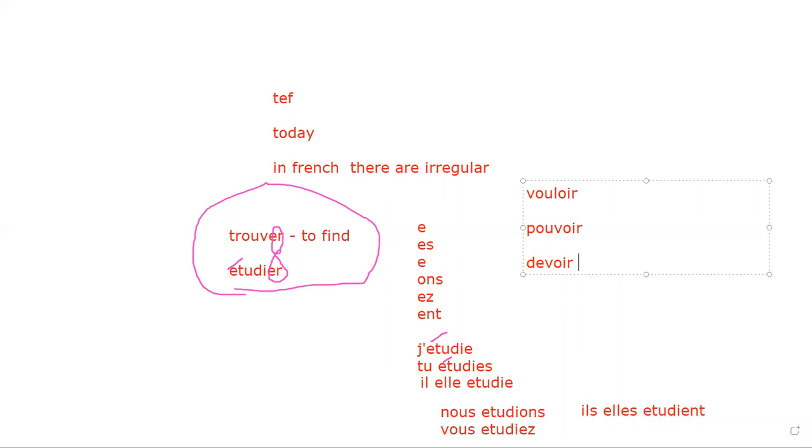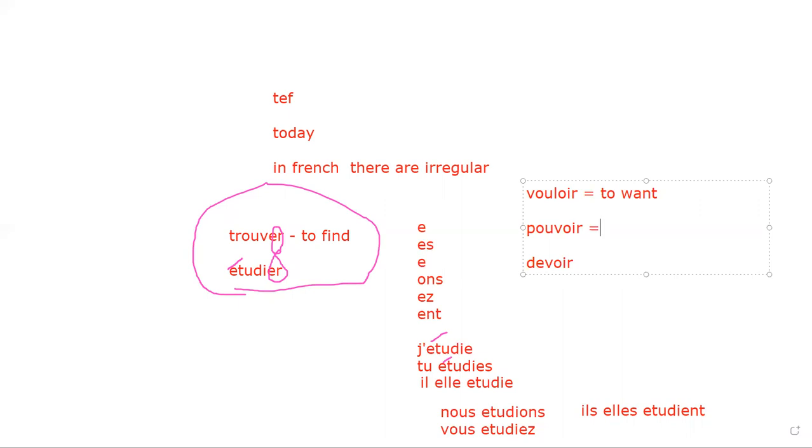Now team, repeat after me, vouloir. Vouloir is my verb to want.